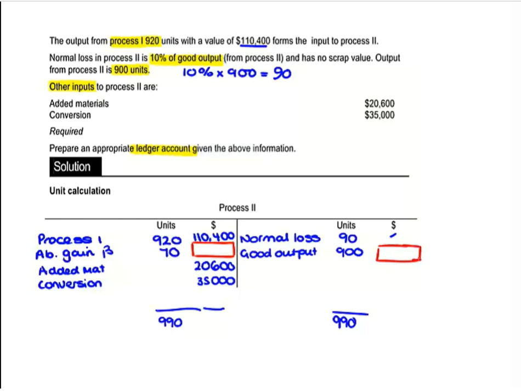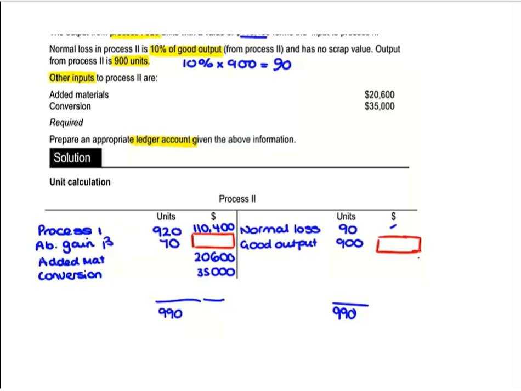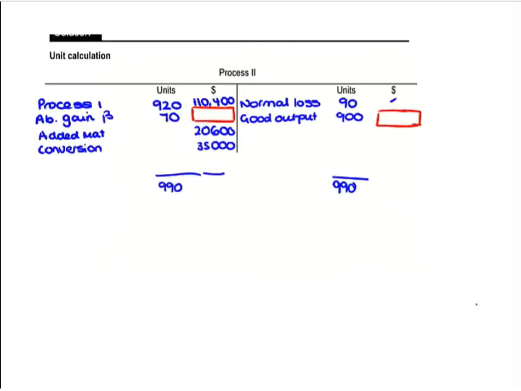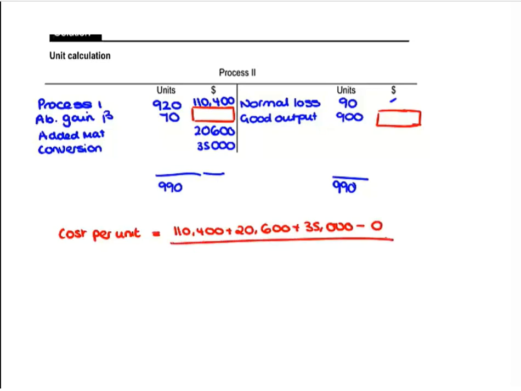And I'm going to do that valuation via a cost per unit calculation. So the cost per unit is equal to the input cost, so the 110,400 plus the 20,600 for added materials and the 35,000 for conversion, minus the scrap value of the normal loss, which here is 0, divided by the number of units of good output expected.